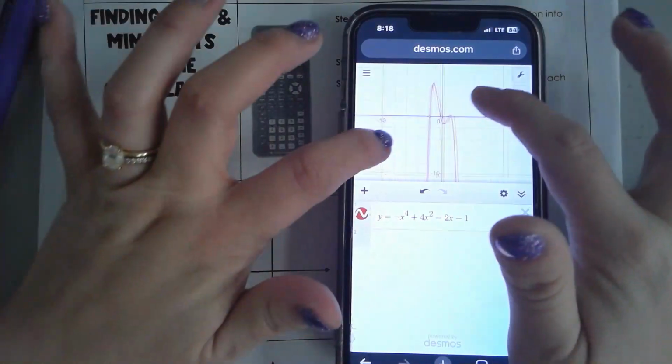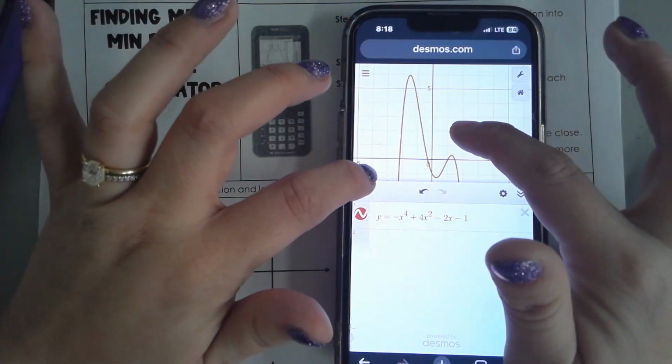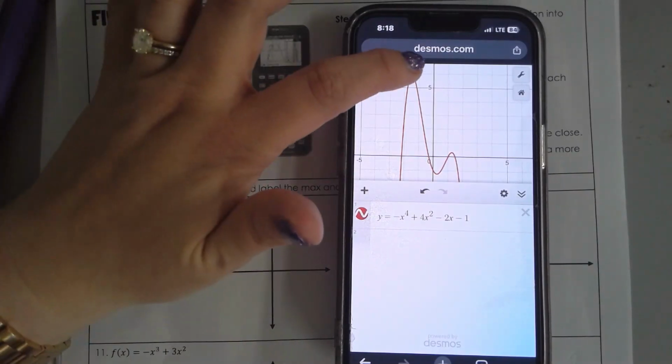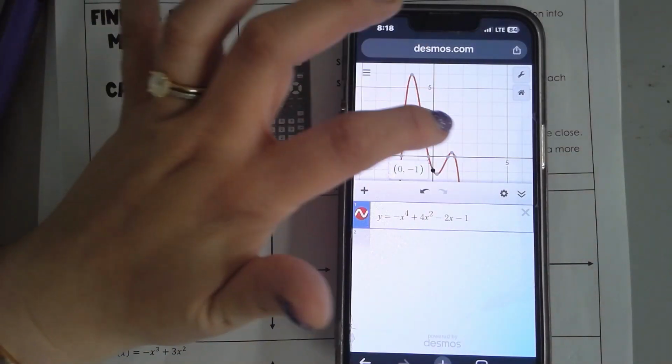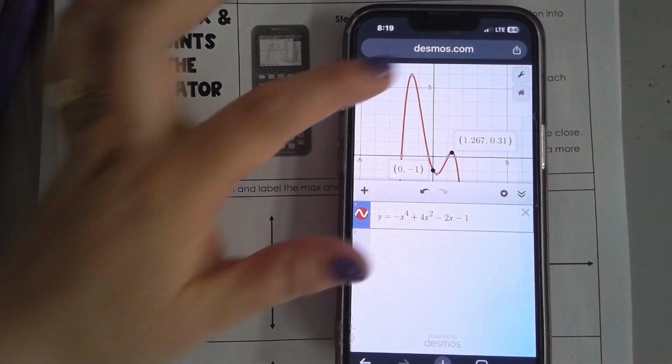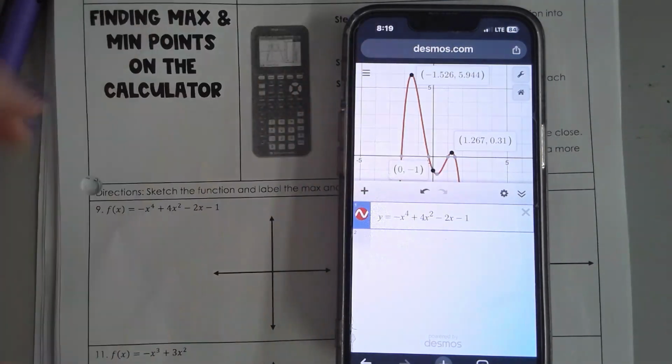And when I zoom in, I can click and I can find lots of important points on Desmos really quickly. You can see there's some points where it crosses the x-axis. We will officially get into that later, but you can find those, and you can find these hilltops and valleys.